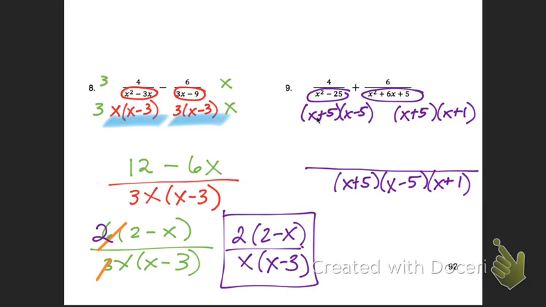So what does the left fraction need to get multiplied by? What does it not have? The x plus 1. And what does the right fraction not have? X minus 5. Good.